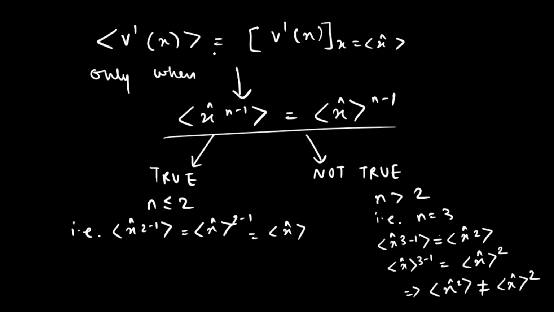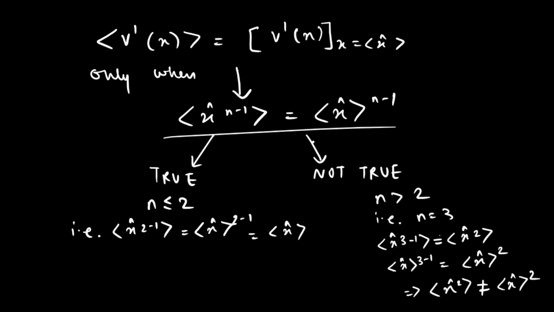So the expectation value of V dash of x is equal to V dash of x at x equal to the expectation value of x only when the expectation value of x raised to n minus 1 is equal to the expectation value of x raised to n minus 1. And this equality is only true when n is less than or equal to 2, that is when the expectation value of x cap raised to 2 minus 1 is equal to the expectation value of x cap raised to 2 minus 1, which is nothing but the expectation value of x cap.